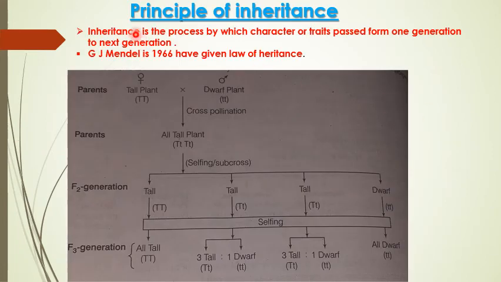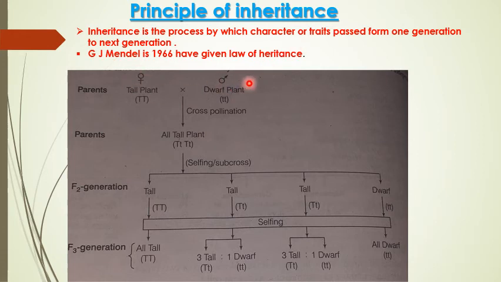Now we are going to discuss the principles of inheritance. As we discussed, inheritance means transfer. It is a process which transfers characters from one generation to the next generation. G. J. Mendel gave the laws of inheritance.